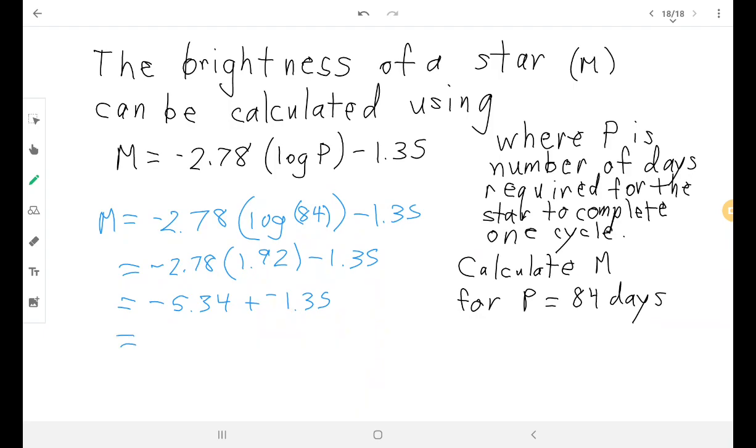So if I do 5.34 plus 1.35, I get negative 6.69 equals M. And there is our brightness. I'll give you a moment to look at that.